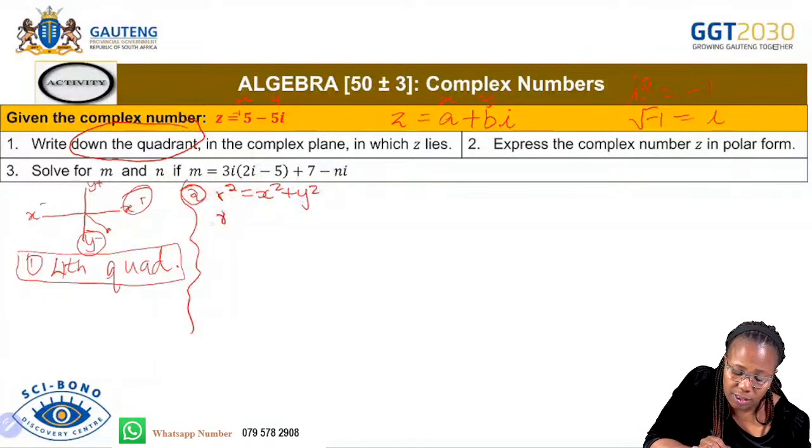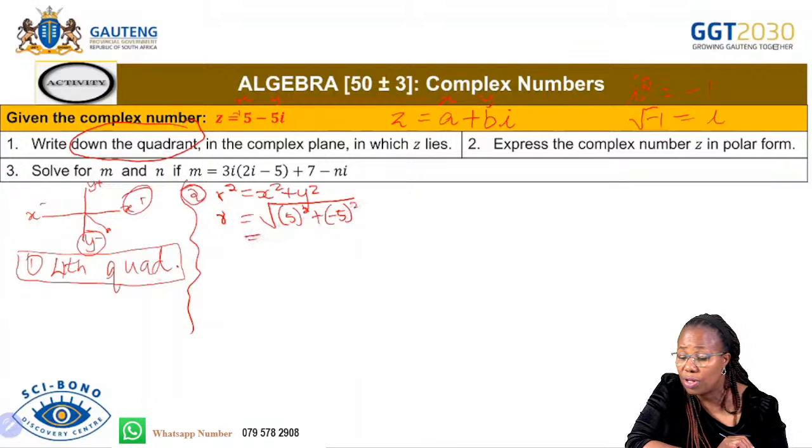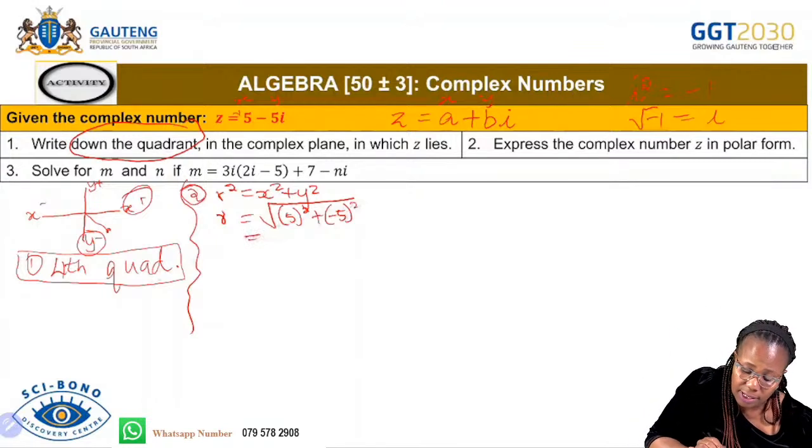This side will lose the exponent, then we'll be gaining the square root that side. And then our x here is 5. This will be squared plus the y, which is minus 5. You also square that. And then you put that into your calculator straight to the answer. Then our r will be 5 square root of 2 in simplest surd form.